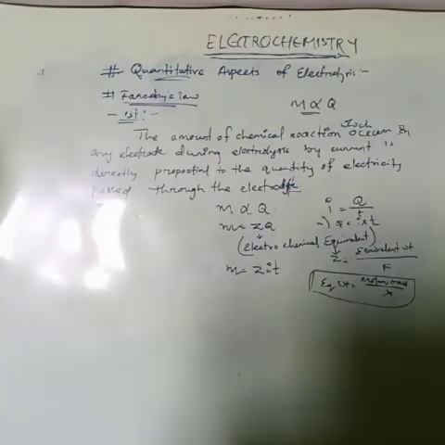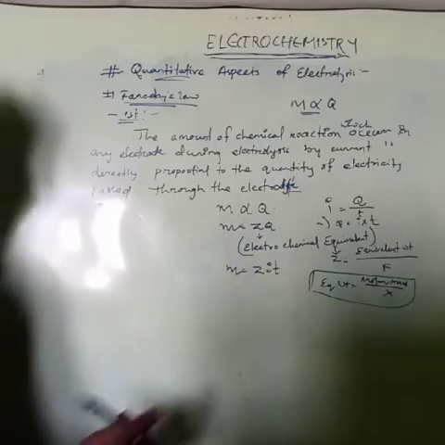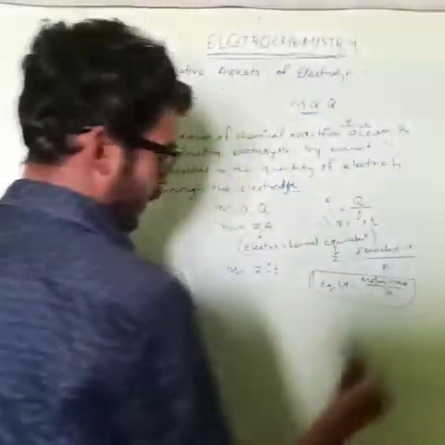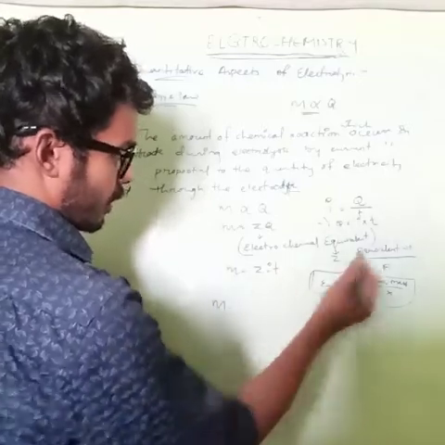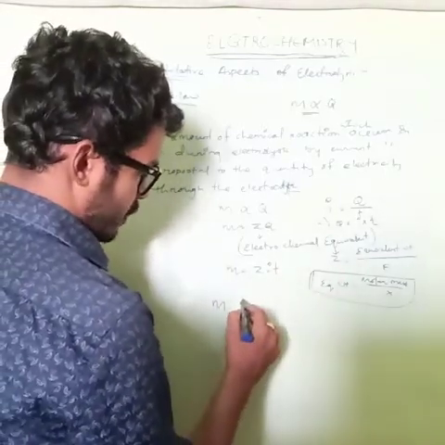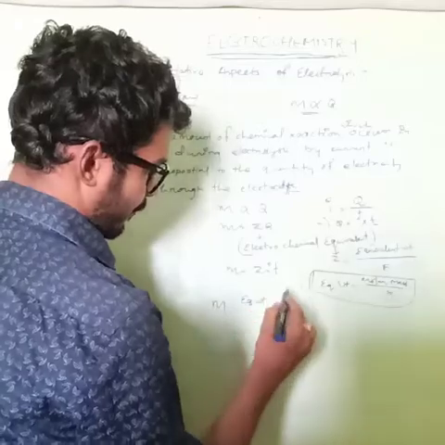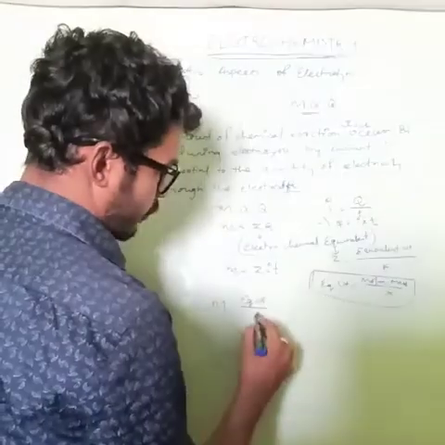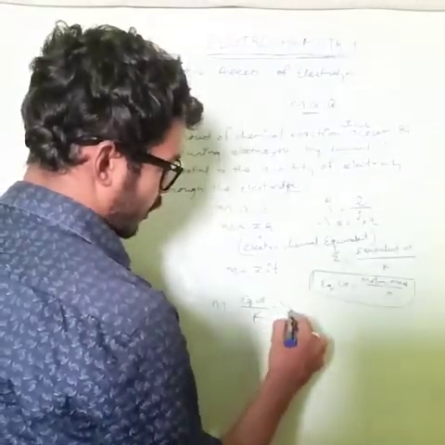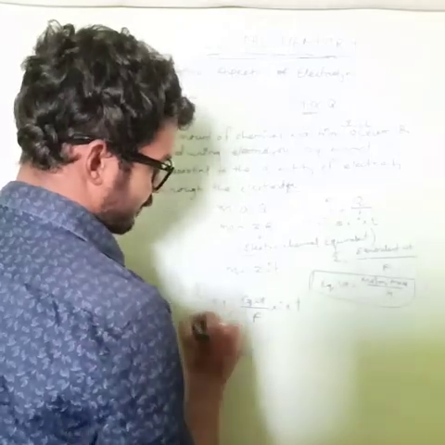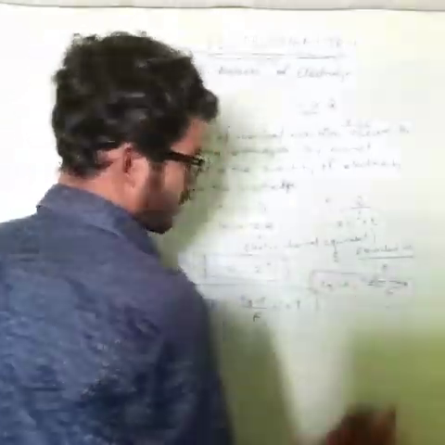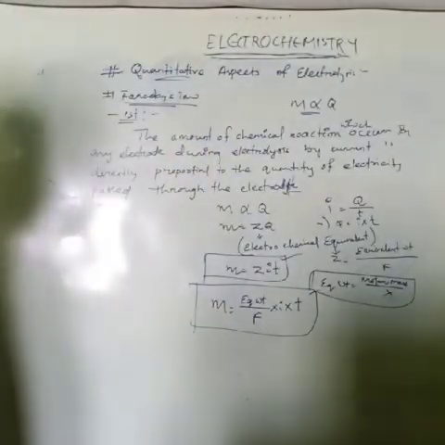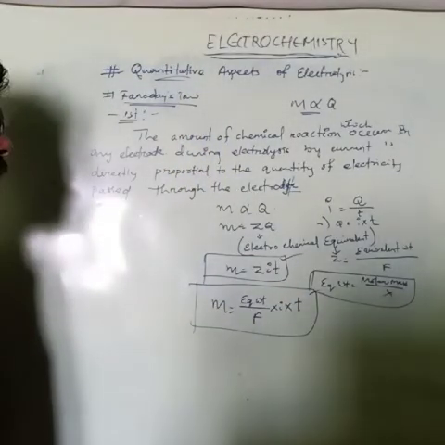So Z is equivalent weight by F. So M equals equivalent weight by F into I into T. You are going to use this formula to solve your problems in Faraday's law.